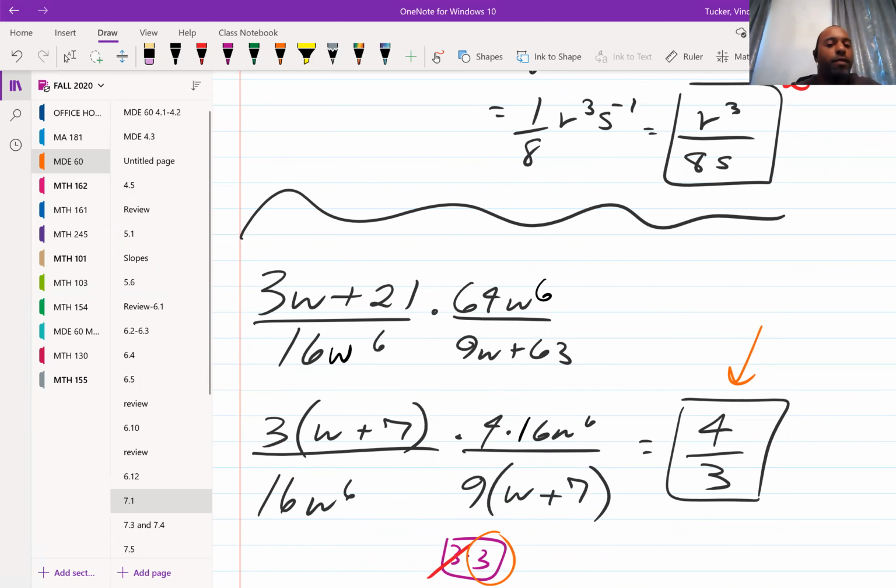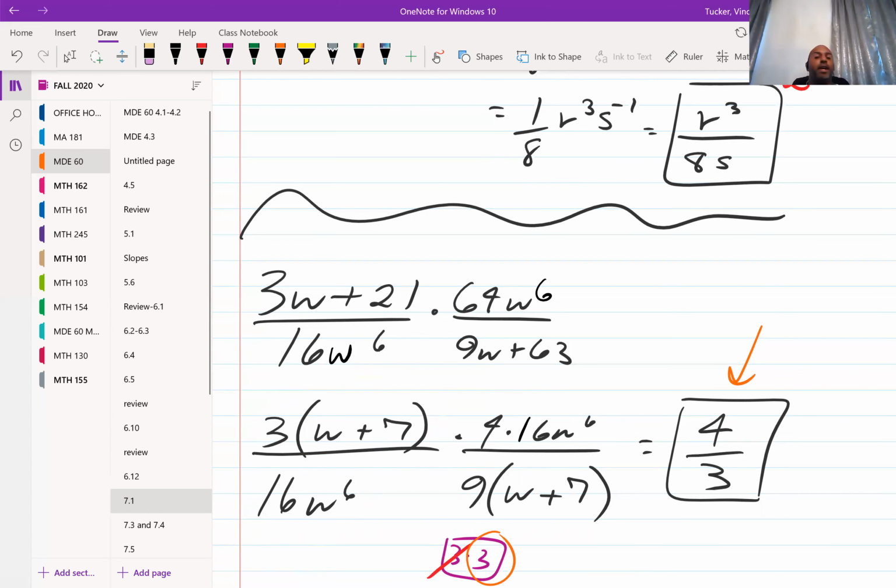All right, so factoring out 3 from the first numerator, that's 3 times w plus 7. In the second numerator, 64 w to the 6, I decided to only factor out 4, because 4 times 16 is still 64, but notice I have 16 w to the 6, 16 w to the 6, so I'll be able to cancel out that whole thing.